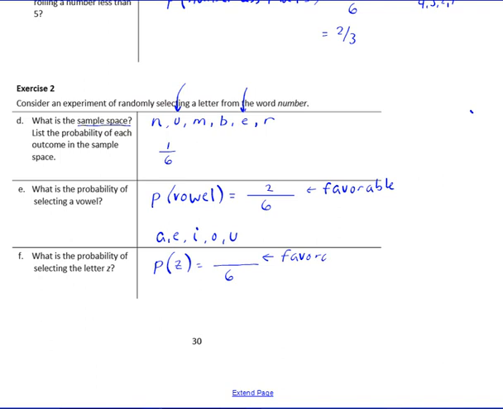A favorable outcome in this case would be to get the letter Z. There are no Z's in the list, so you write 0 Z's. And so your probability of getting a Z is 0. Do you remember what that's called when the probability is 0? It was called impossible.